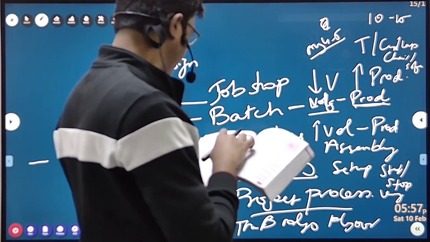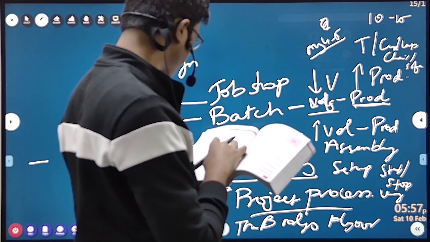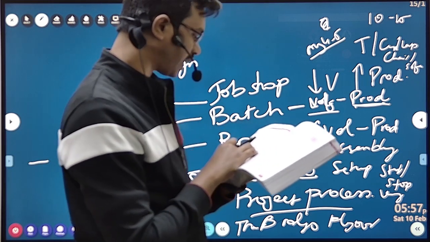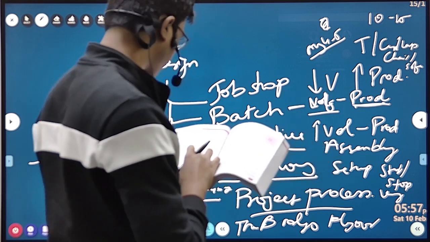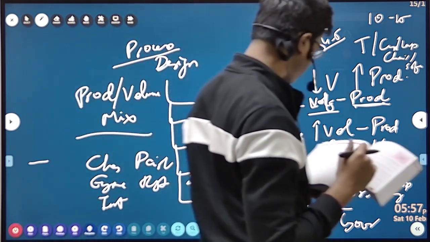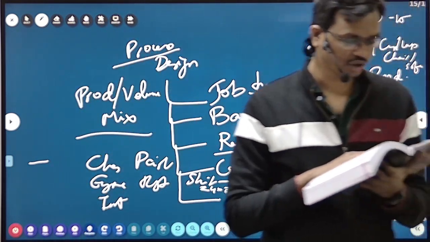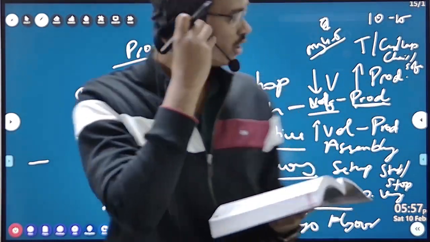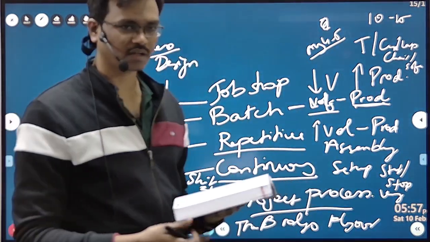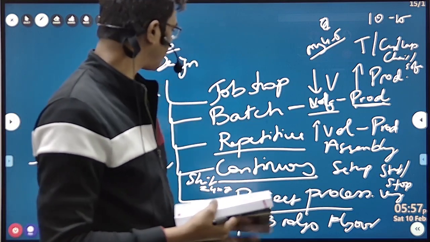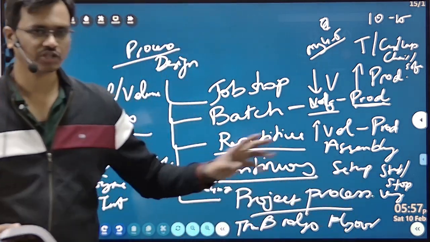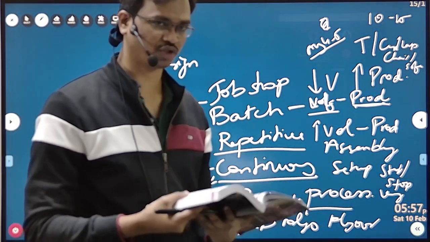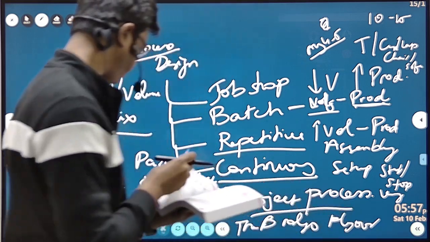Several products and high volume, this is continuous, equipment based line flow. If you have very high volume and one product or several products, your factory should keep running, and the startup costs and stop costs are very high, so it is close to a continuous process.